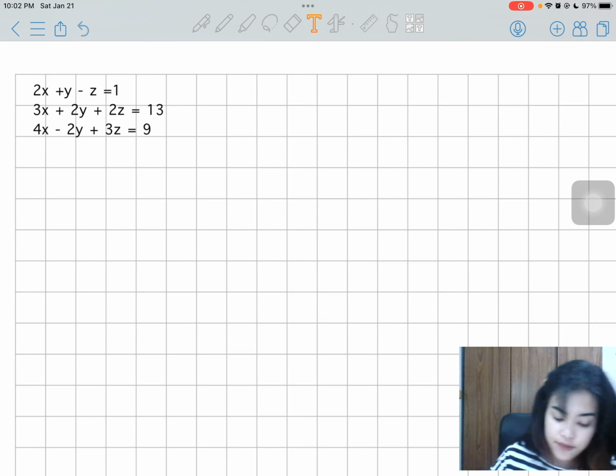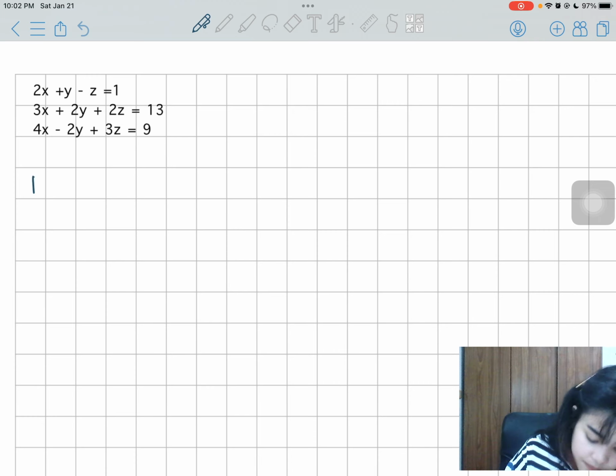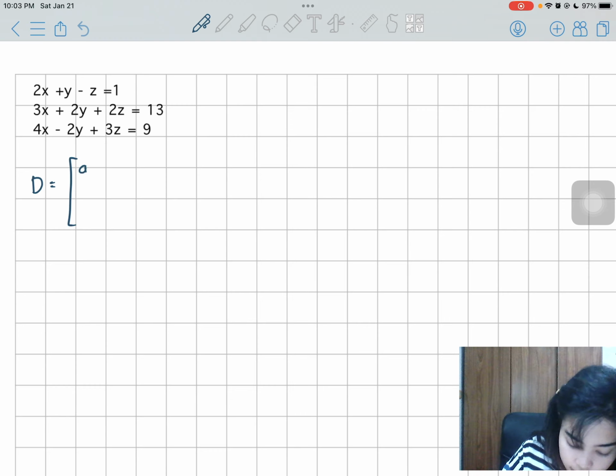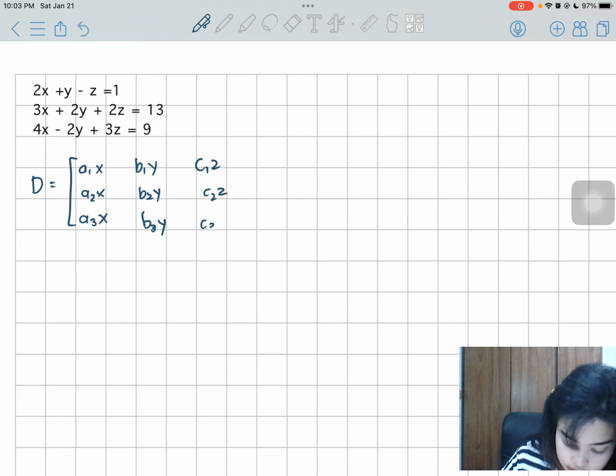So let's first find the determinant D. Finding the determinant D, we have a1x, a2x, a3x, b1y, b2y, b3y, c1z, c2z, and c3z.